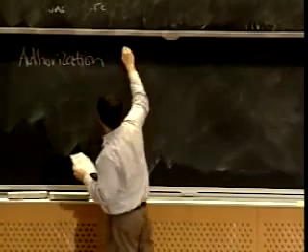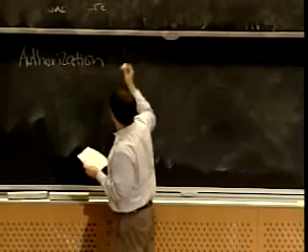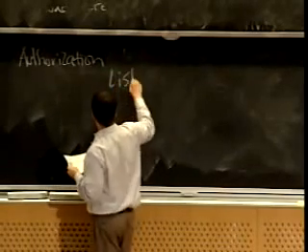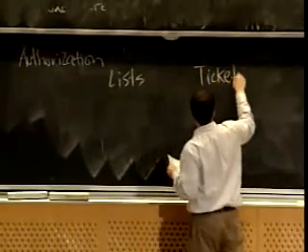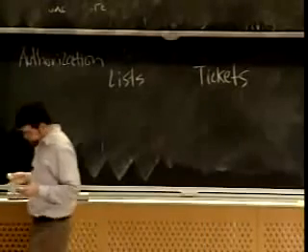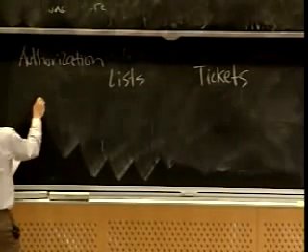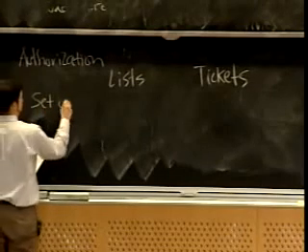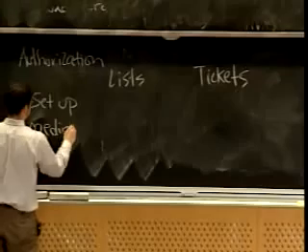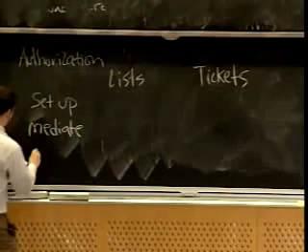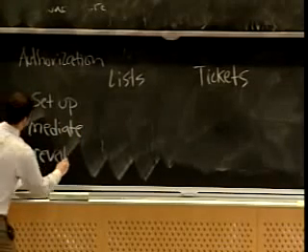So we've got these two approaches. The first one is we're going to call lists, and the second one is called tickets. And we've got these three steps: our setup step, our mediation step, and our revocation step.